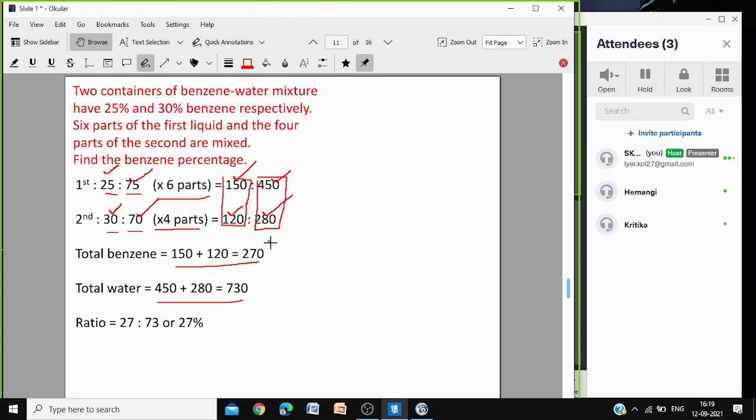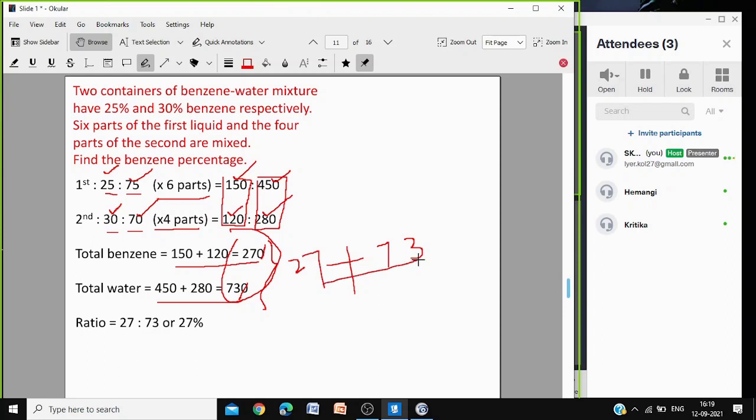The total is 1000. You can also put the ratio, you can call it 27 and 73. See that the total is 100. Here if you add, the total will be 1000. But then for the ratio you can cancel the 0 and say 27 and 73.